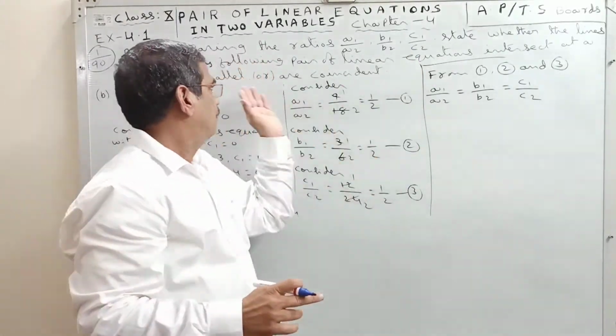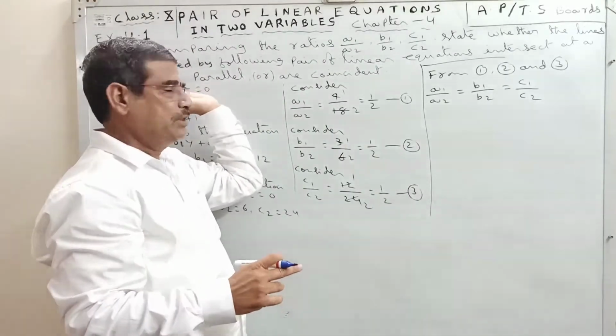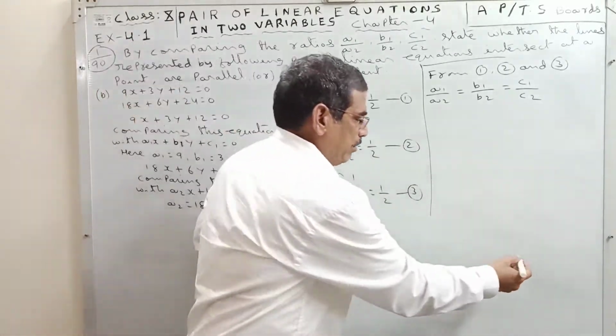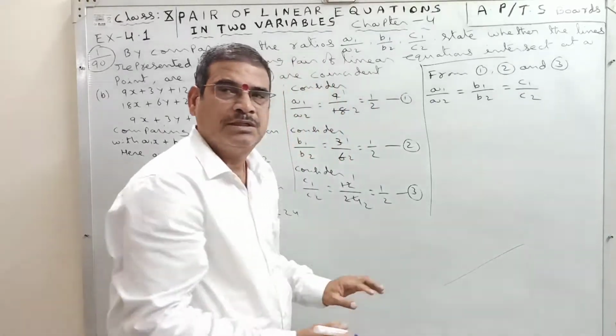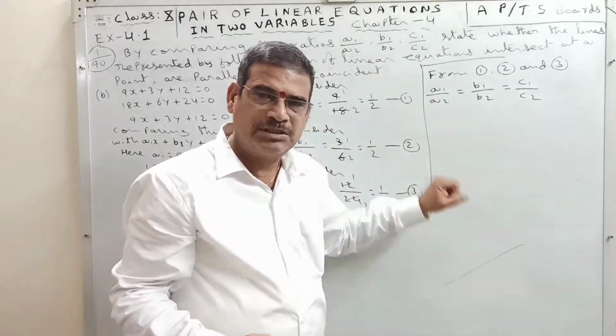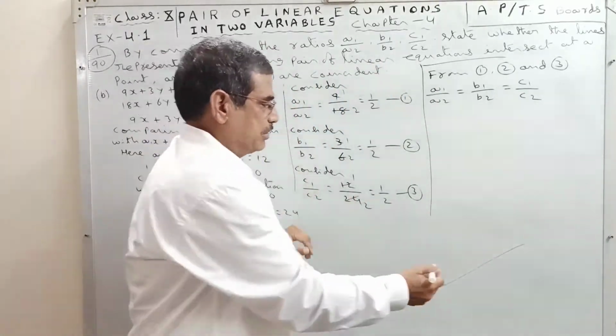If we draw the line for this first equation, maybe that line will come like this. The second line also is that itself, because it is the same equation.